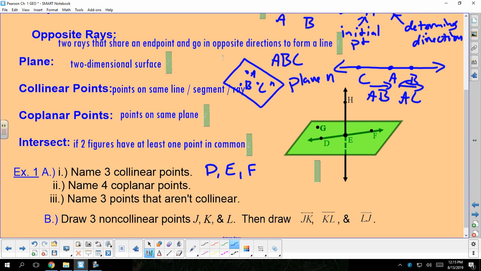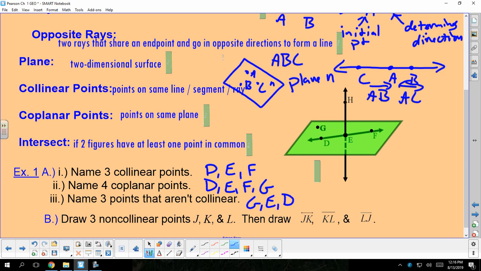Name 4 coplanar points. How about all of these: D, E, F, and then we're going to add G. Name 3 points that aren't collinear. How about G, E, and D?